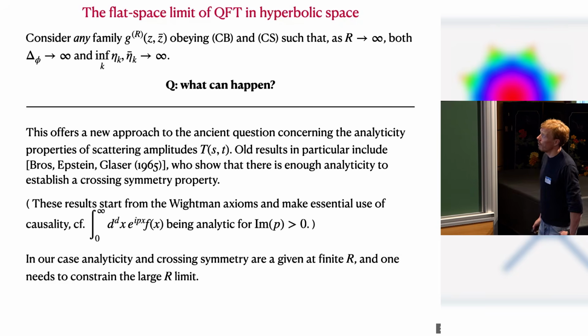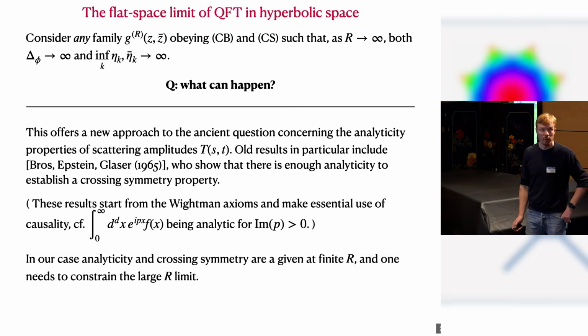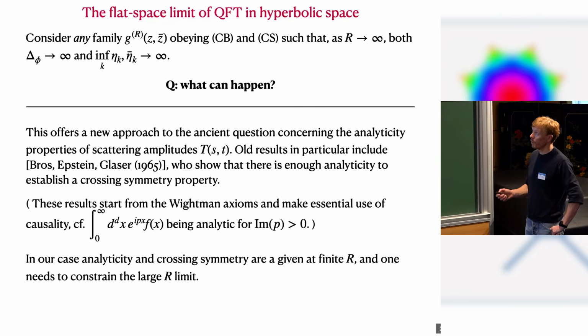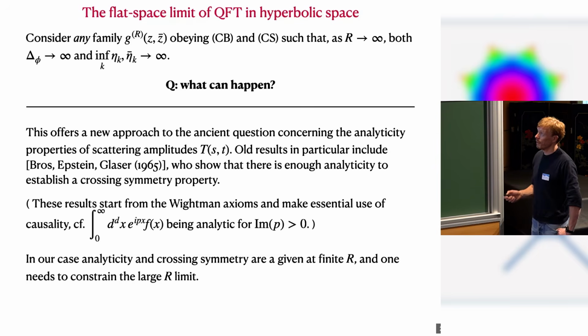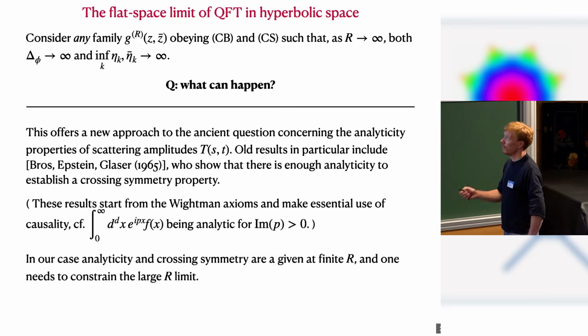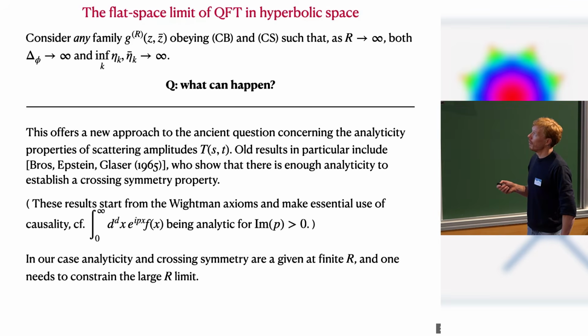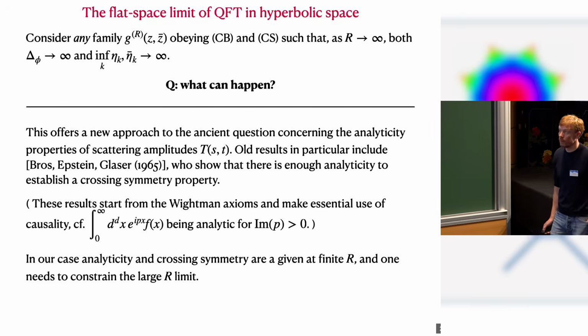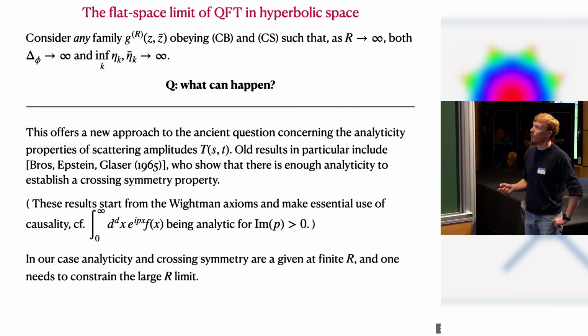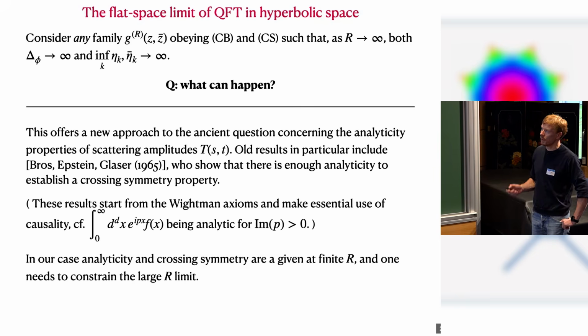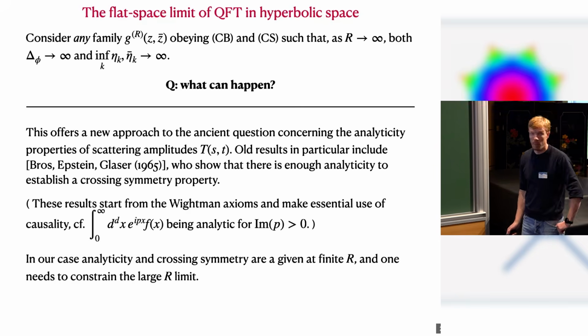I want to know what happens as R goes to infinity. The constraint is that as R goes to infinity, delta phi goes to infinity, D is always fixed, and the infimum of eta k and eta bar k also goes to infinity. I should say they go to infinity at the same rate, so the ratio is constant.